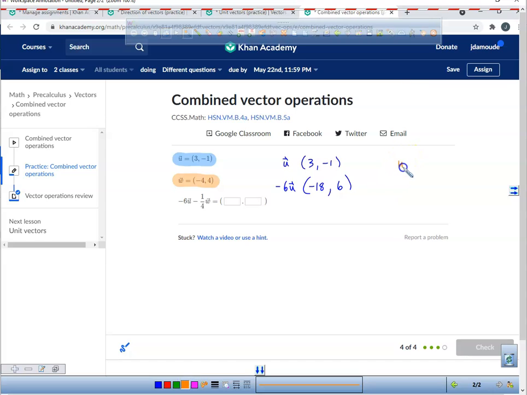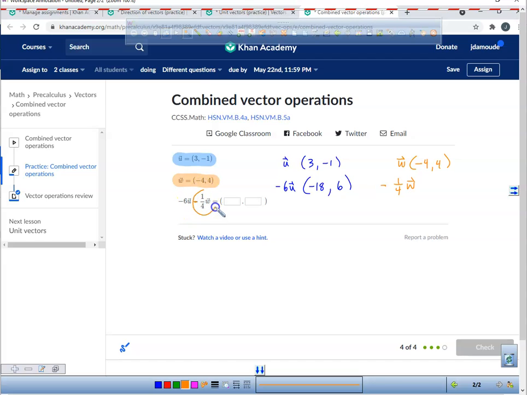Vector w, we start with a -4 and a +4. Right here, what's it wanting us to do? Take a fourth of that. Now you've got to be careful. You can either take the -1/4 and find -1/4 vector w, but if you take the positive, then eventually you're going to have to subtract.